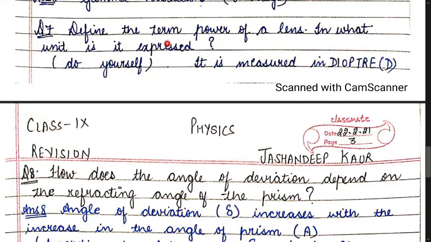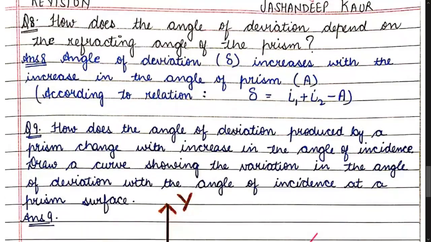And the SI unit of power of a lens is diopter, D-I-O-P-T-R-E, diopter. And it is represented by the symbol capital D. The symbol used is capital D. Don't write down small d. Small d means deci. Therefore, you'll use capital D.